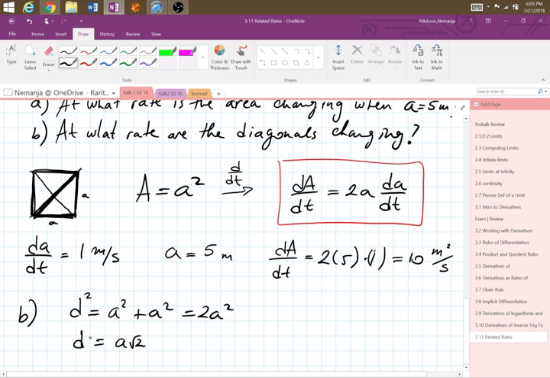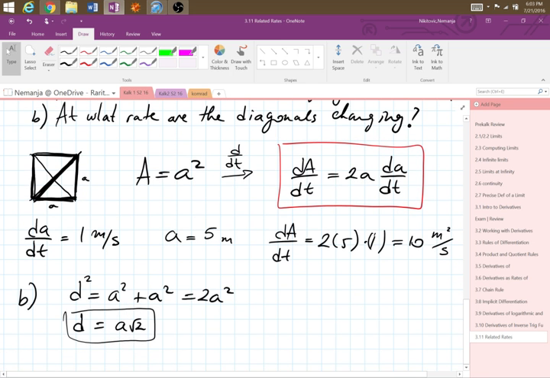Now you either know this formula, or you get it right there. So now we take the derivative of that one. At what rate is the diagonal changing? dd/dt is equal to square root of 2 times da/dt. Remember that the derivative of a is 1, and then times da/dt is the chain rule.